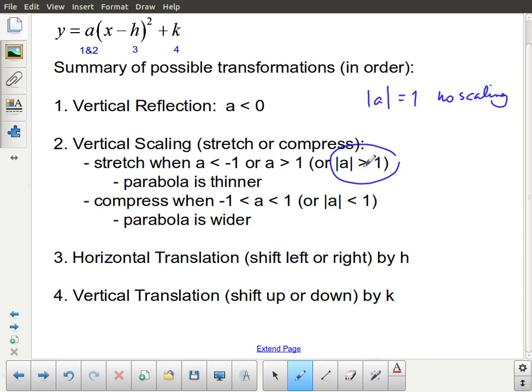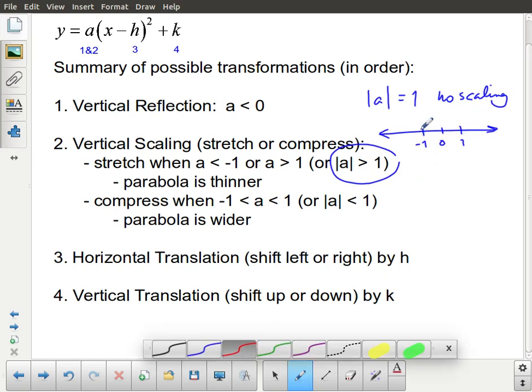If the absolute value of a is greater than 1, so that means numbers either bigger than 1 or less than negative 1. So if we think about the number line, there's 0, there's 1, and there's negative 1. If we look at this number line, then these values of 1 and negative 1 would be no scaling.